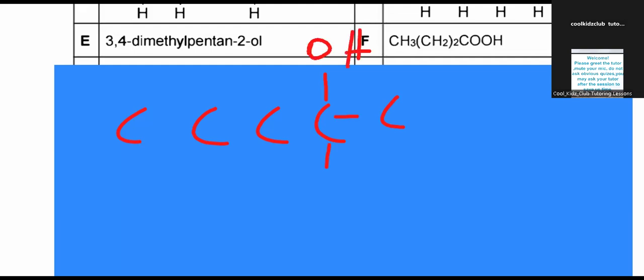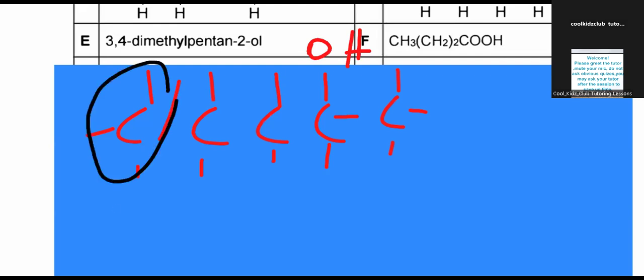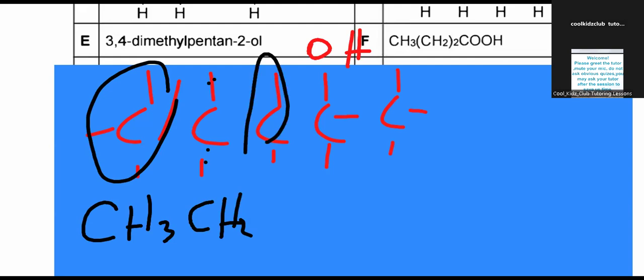And with all the hydrogens, you start like this. This carbon has 3 H's, right? And the second carbon has 2 H's. The third one has 2 H's.